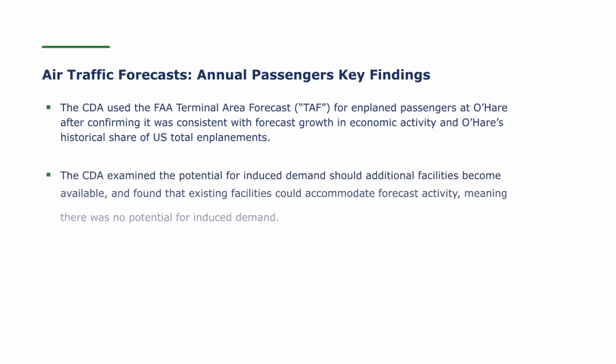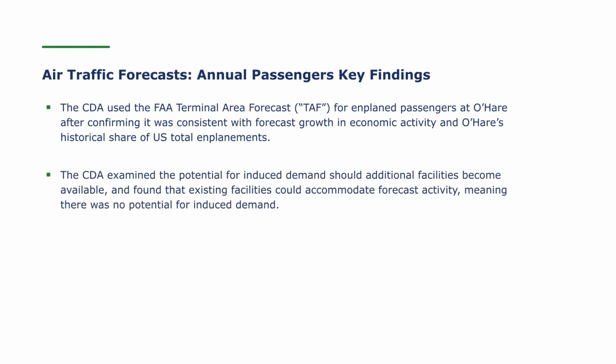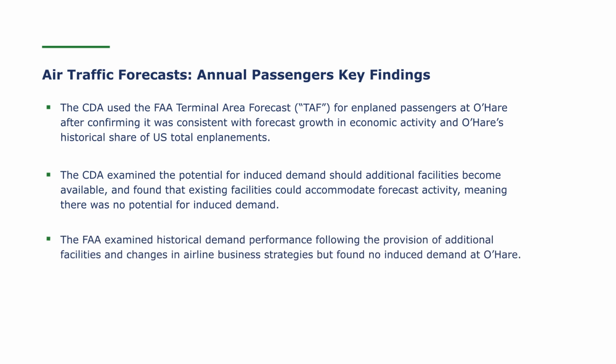The FAA completed a comprehensive review of the forecasts and determined they were reasonable and appropriate for the environmental modeling purposes of the EA. The analysis of gated flight schedules demonstrated that the forecast for future activity can be accommodated on the existing gates, albeit with a reduced level of service. This means there would be no potential for induced demand because of the proposed action.